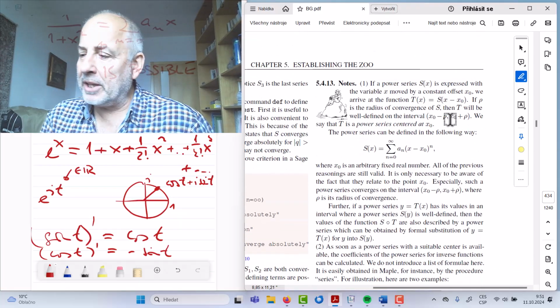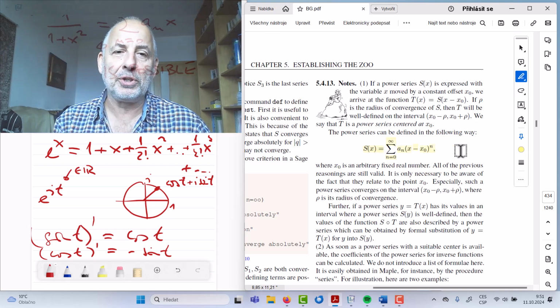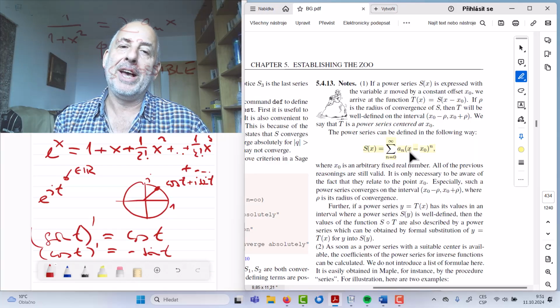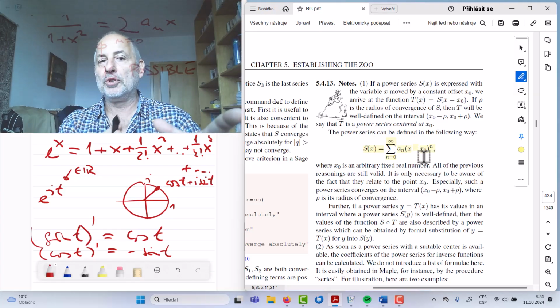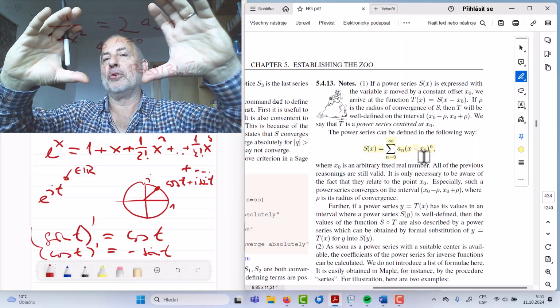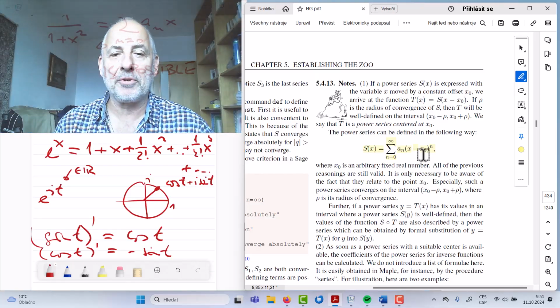Right, of course, the final comment on the power series: you can easily also expand power series around different points. So you simply, instead of writing x to the power n, write x minus some center x0 to the power n, and everything holds true as before, right? It's just that the disk of convergence with radius rho will then be around the point x0.